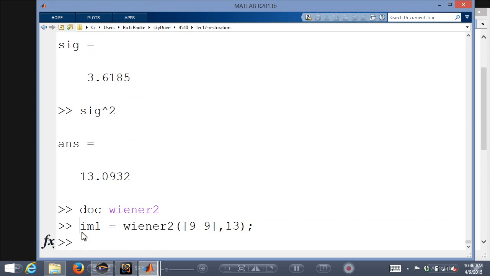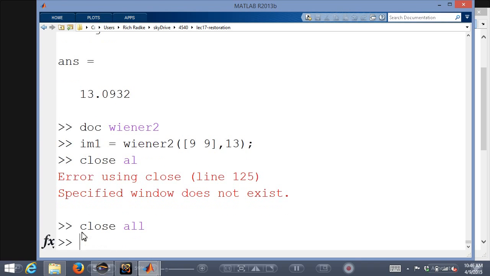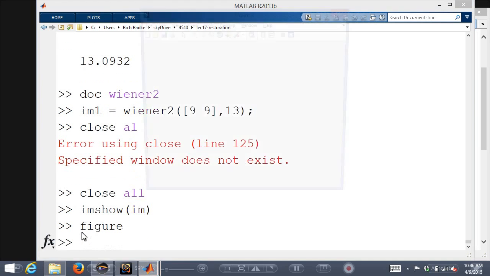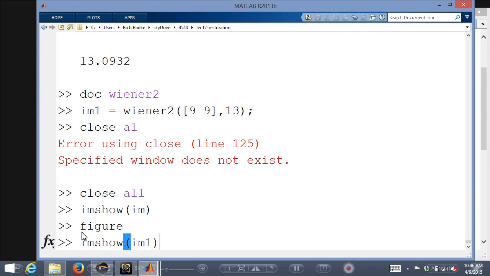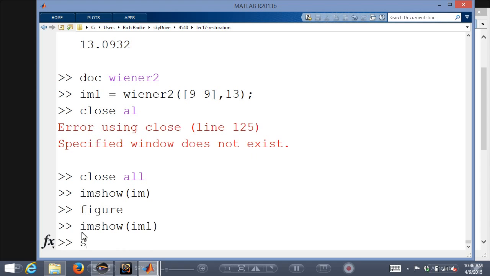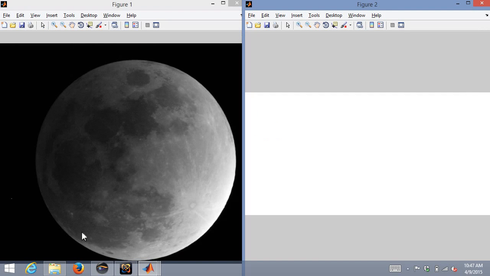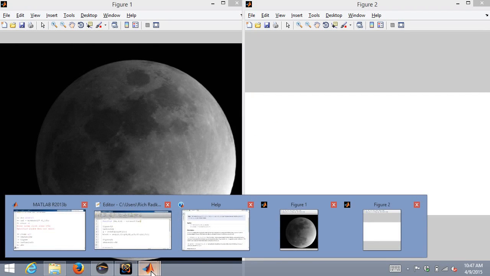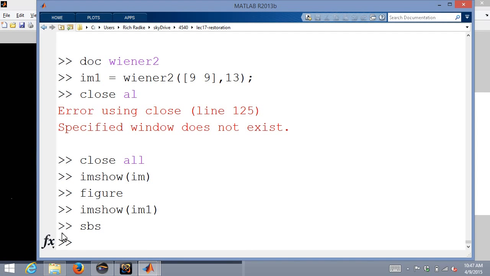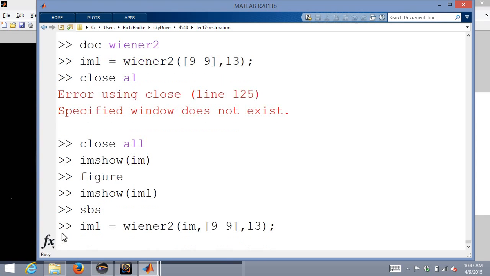Yes, it should be 13. So this is my original image, this is my fixed up image, and let's see how they compare. Well, that looks great. So what did I do wrong here? Oh, I actually didn't supply the image to my wiener function, which is probably important.